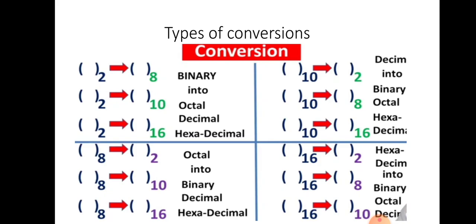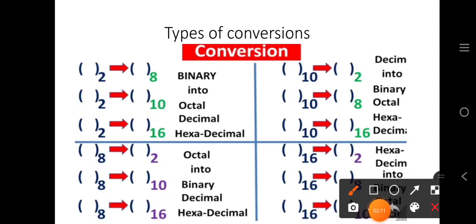So in this slide we can see there are different types of conversions. We have partitioned it into 4 blocks. Why 4? Because in the first block we are going to see the conversion from binary to other numbering systems. So the first one is binary to octal.